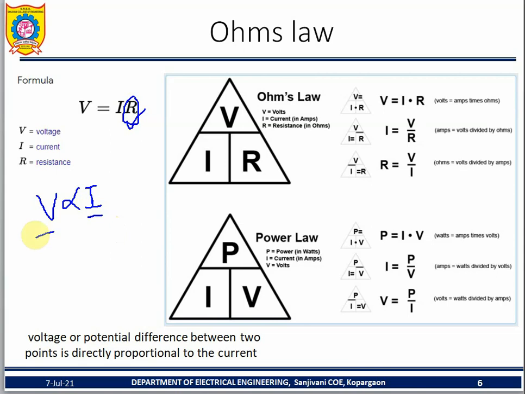What is V? The potential difference across two points is directly proportional to the flow of current at a constant temperature. Resistance depends on the temperature, so constant temperature or constant resistance. So this is about Ohm's law.